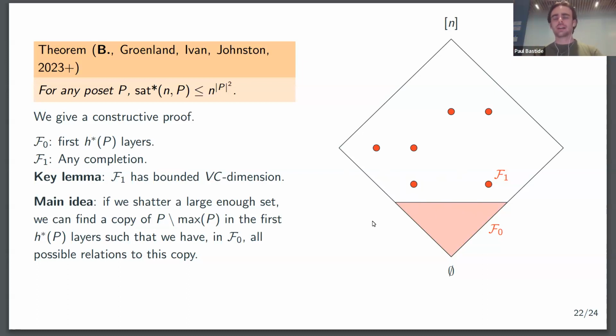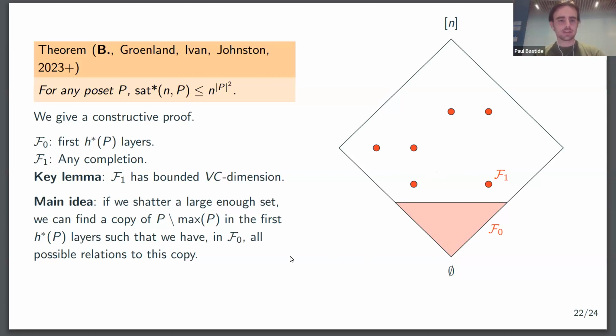And if you have too many relations to the bottom bit F0, roughly you could find your copy of P, because you just embed almost everything of your poset in F0, and then for the maximal element, you just choose the right relation that compares to your embedding, and you're fine. That's also quite a short proof, just to give you the intuition.